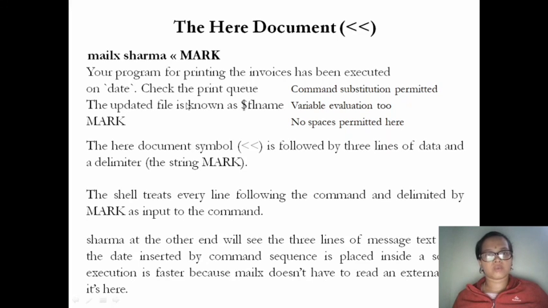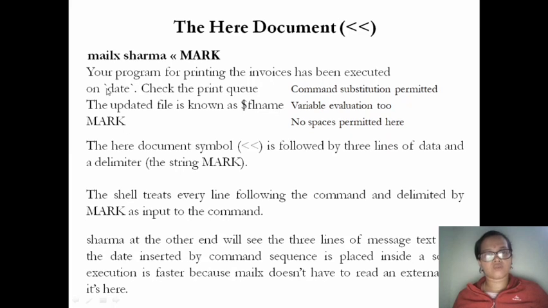Uncheck the print queue. The updated file is known as FL name, where variable evaluation is also available in this pattern, and no spaces are permitted here. The here document symbol, the double chevron, is followed by 3 lines of data and a delimiter which is called mark, the string mark.